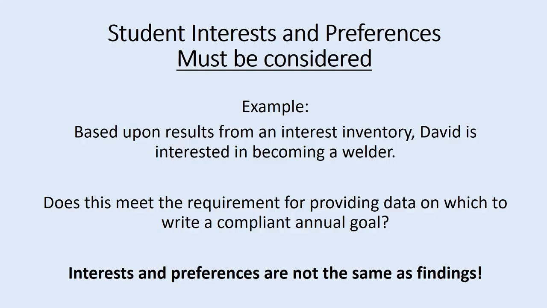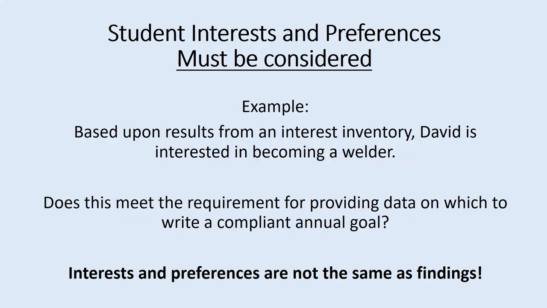Another part, and we started, needs are also related to transition. A lot of people simply defaulted to those as the findings. Well, those make up part of the findings, but that doesn't mean that's everything related to what that student needs.